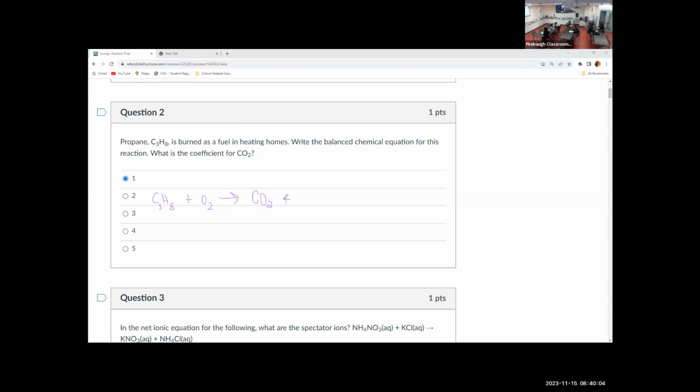All combustion reactions have the same products. CO2 is one of them, and the other one is... H2O, that is correct. It's water.